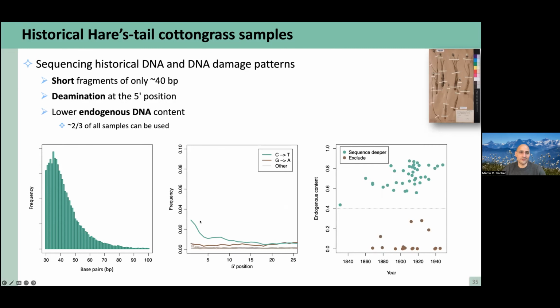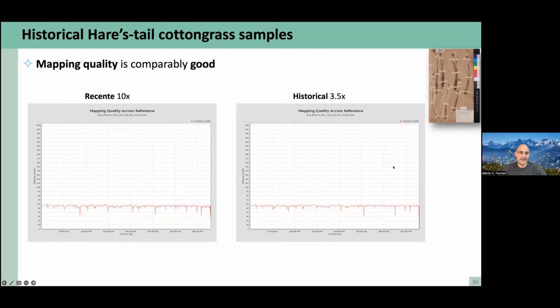And also you have, of course, lower endogenous DNA content because there was mold and bacteria and other things growing on these plants, which you also sequence at the same time. And for two thirds of all the samples, the endogenous DNA content is higher than 40%, and those are the samples we can work with. And still, these fragments are very short.